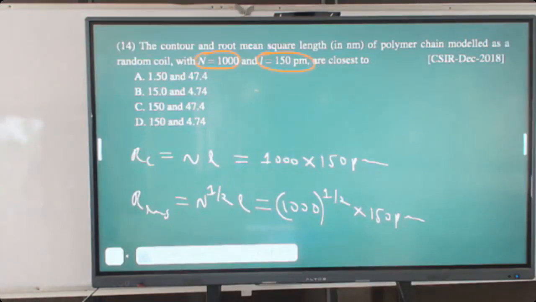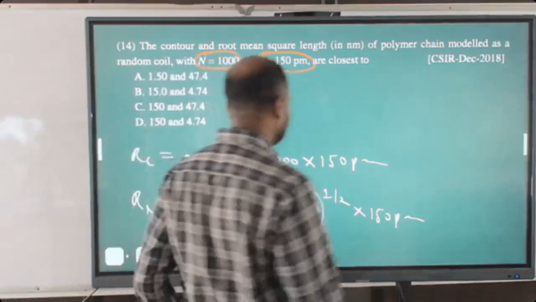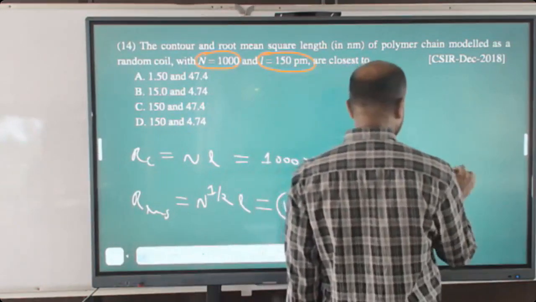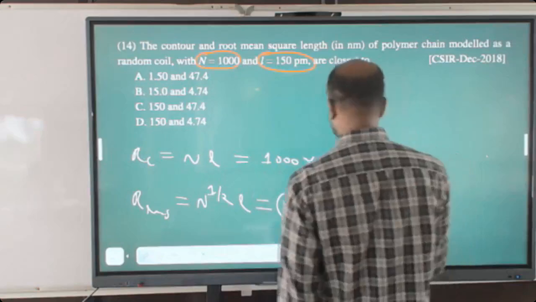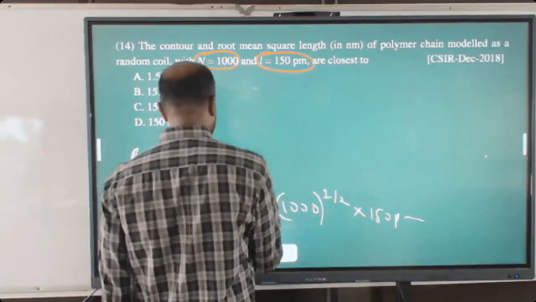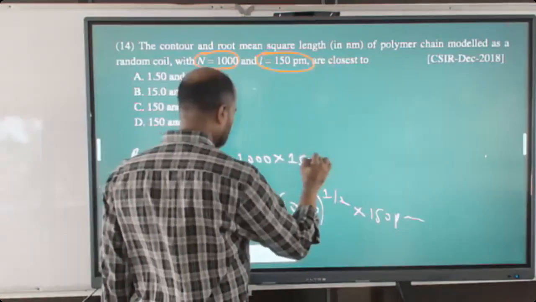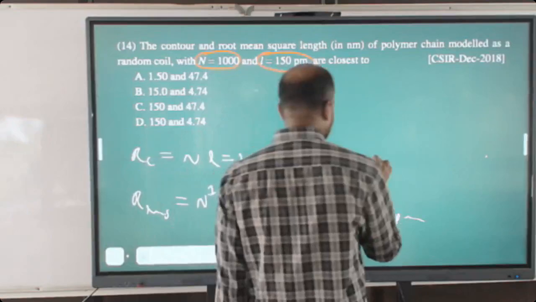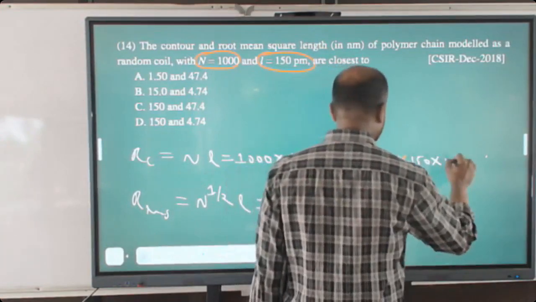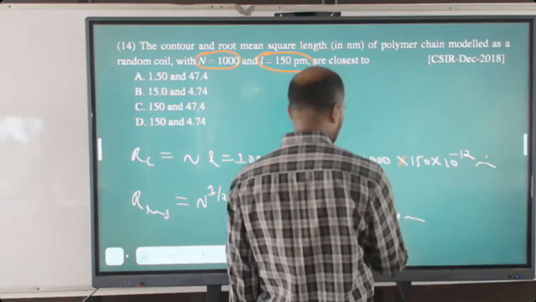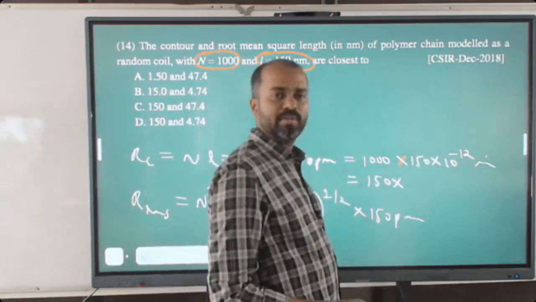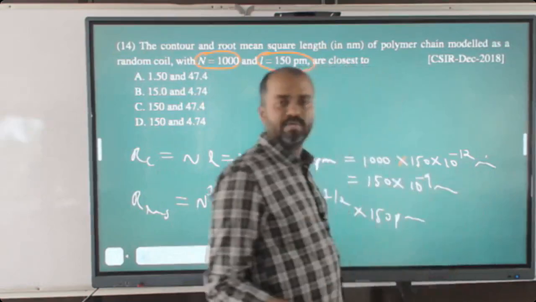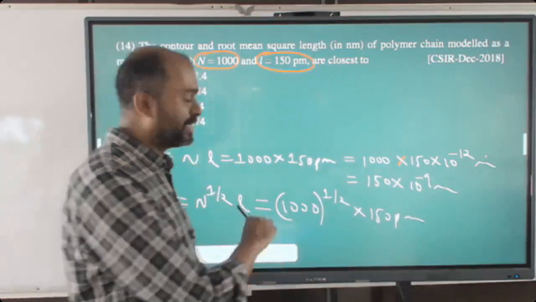The final answer in nanometers. 1000 into 150, 1000 into 10 to the power of minus 12. 10 raised to minus 12 into 1000 gives 10 raised to minus 9. 10 raised to minus 9 meter is equal to 1 nanometer.